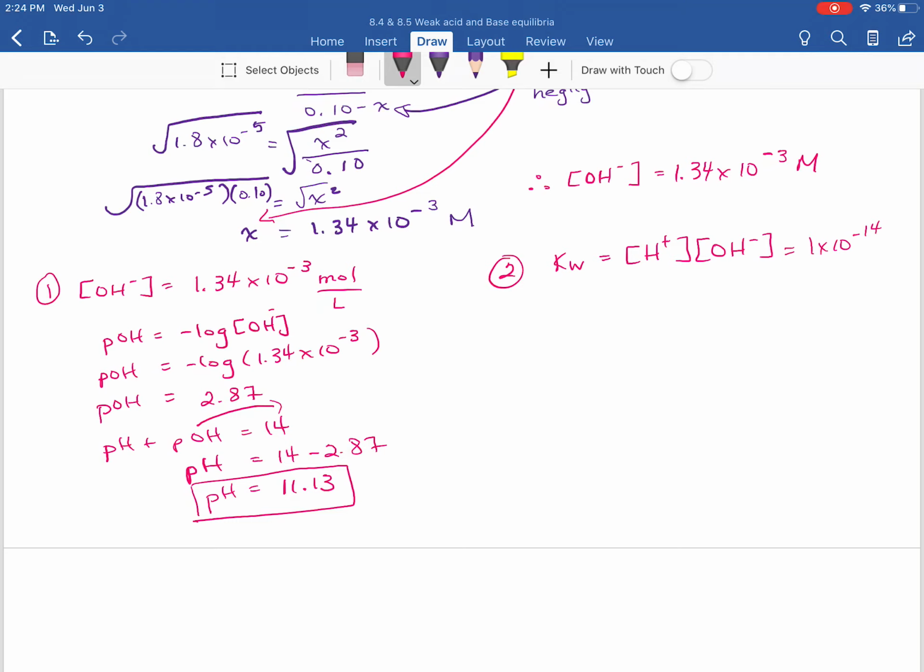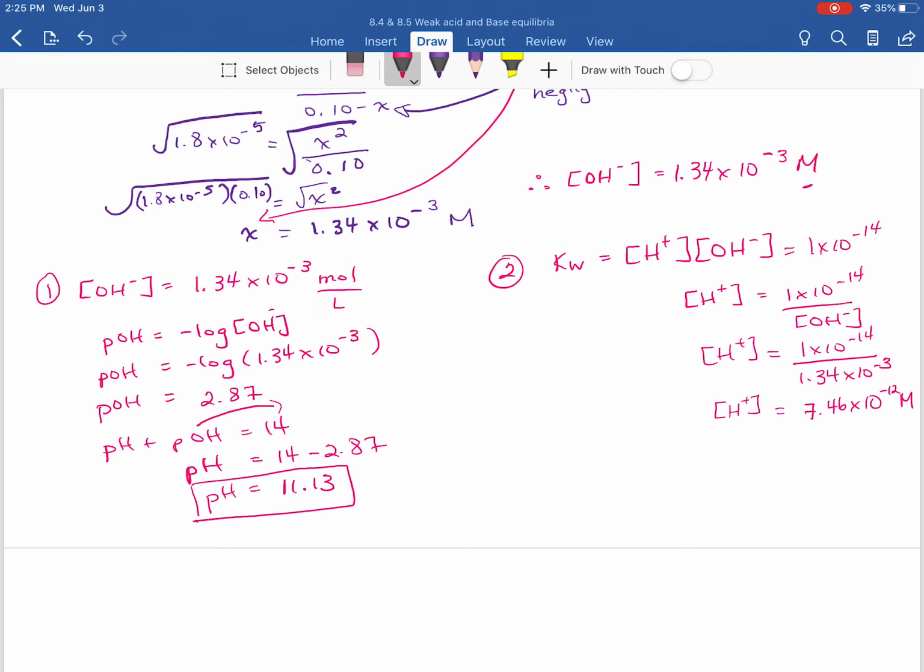So what we can do is manipulate this, because I got that from here. Once I do that math, that gives me 7.46 times 10 to the negative 12 moles per liter.